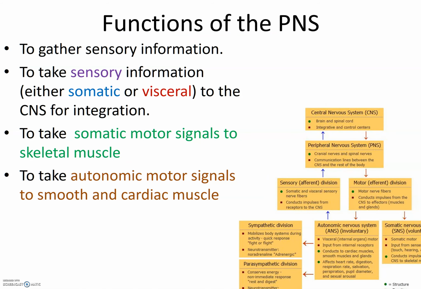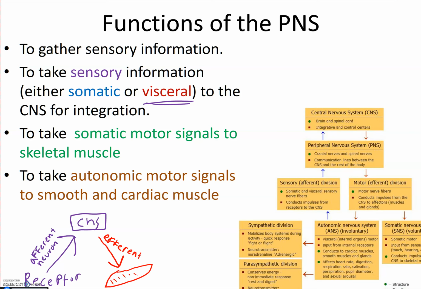So functions of the peripheral nervous system: to detect changes at receptors and send signals on afferent neurons. Now, these signals can either be somatic sensory, which is what you're aware of, or visceral, and that's stuff you're not aware of, like blood oxygen levels. Now, the central nervous system is going to decide how to respond.